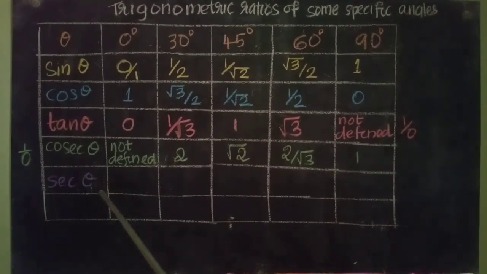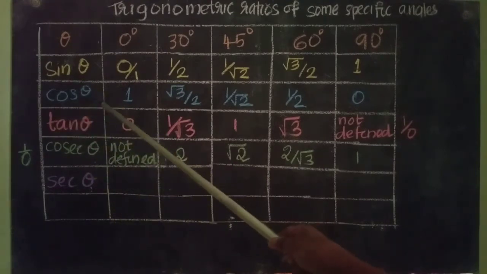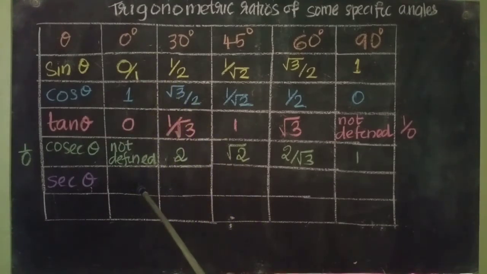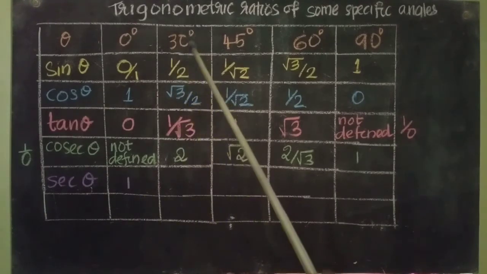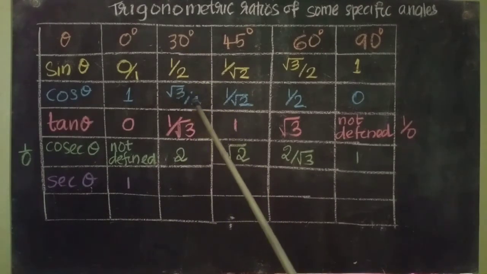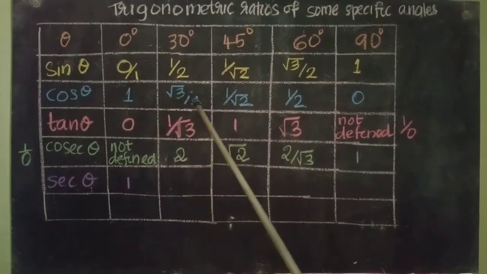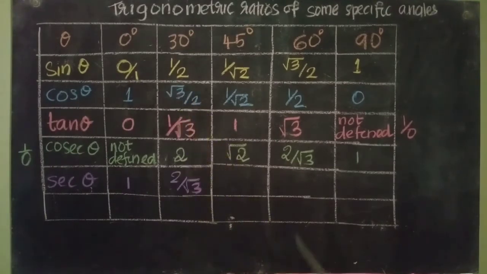Next is sec theta. We know sec theta is the reciprocal of cos theta. We know cos 0 equal to 1. So, sec 0 also equal to 1. Then, cos 30 equal to root 3 by 2. So, sec 30 equal to 2 by root 3. Next, cos 45 is 1 by root 2.